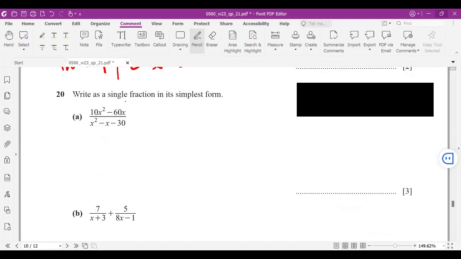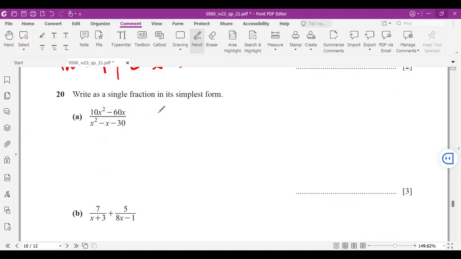We want to write this as a single fraction. So this is going to give us, factorize this, 10 is common and x is common. All right, you're going to have x here. Divide 60 by 10, you're going to get 6.